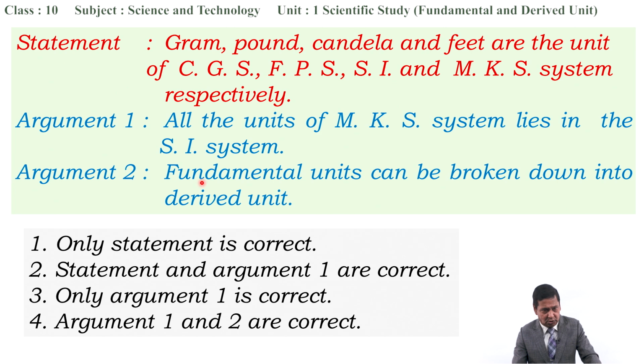Argument 2 says fundamental units can be broken down into derived units. This is just opposite. Derived units can be broken down into fundamental units. For example, meter per second is a derived unit, which can be broken down into the unit of length meter and the unit of time second. Fundamental units cannot be split up into derived units. Derived units can be split up into fundamental units. That's why this argument is incorrect.